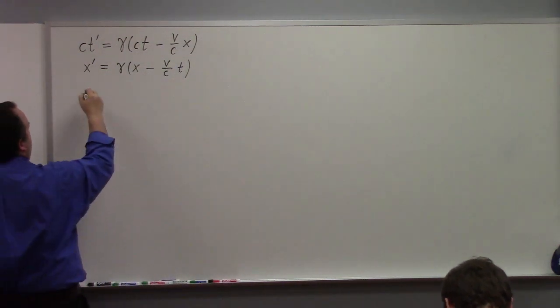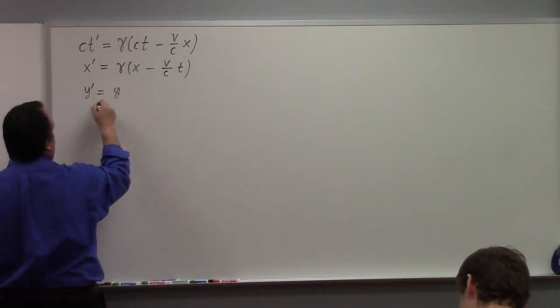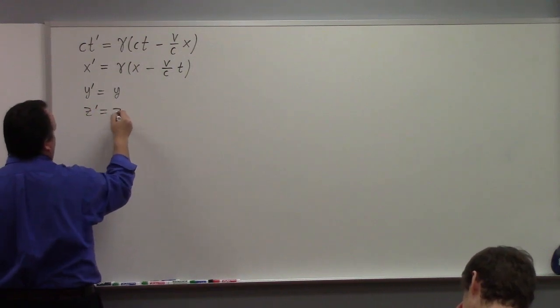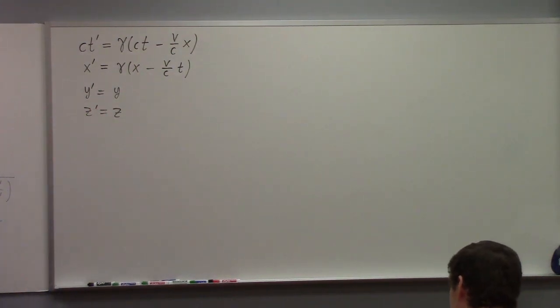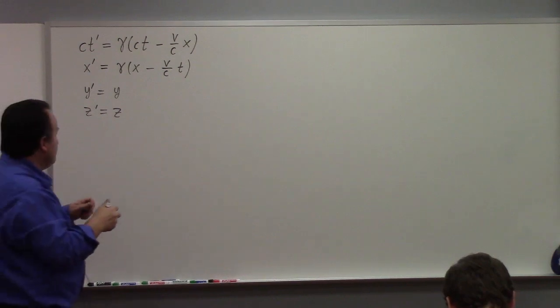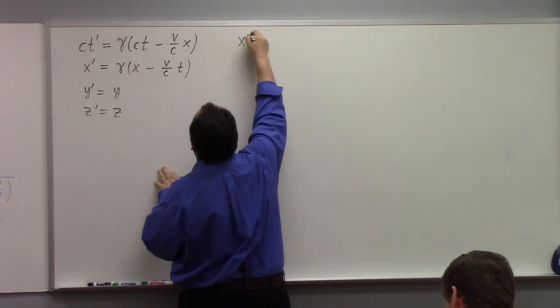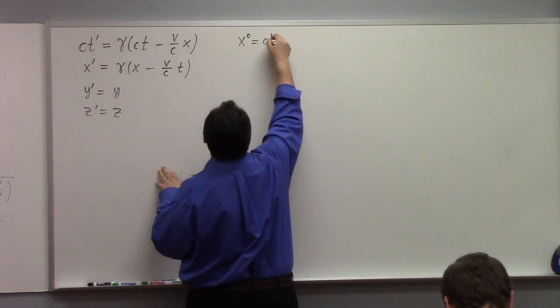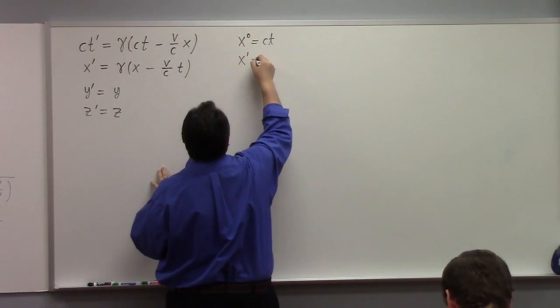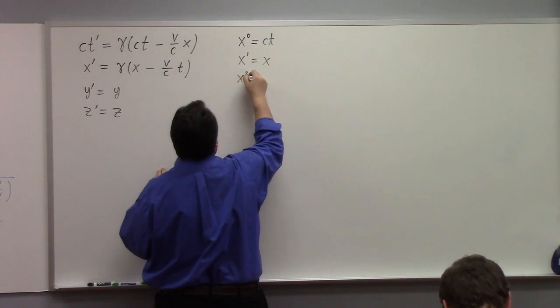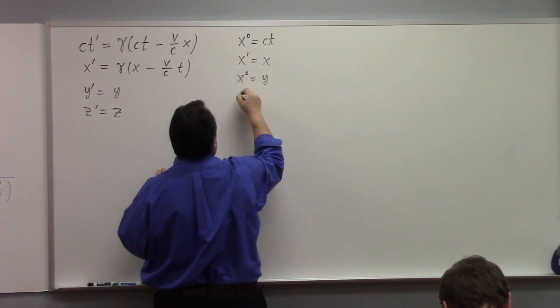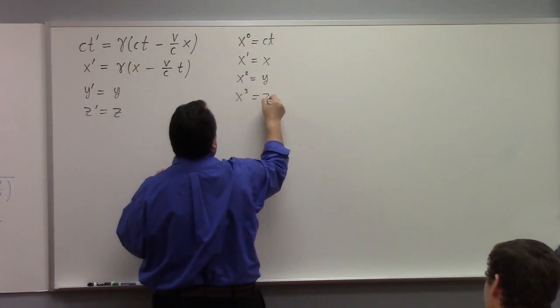And then we've got y prime equals y, z prime equals z, if we want to think about it four-dimensionally. And so what usually is done is you let x upper 0 equal ct, you let x upper 1 equal x, you let x upper 2 equal y, you let x upper 3 equal z.